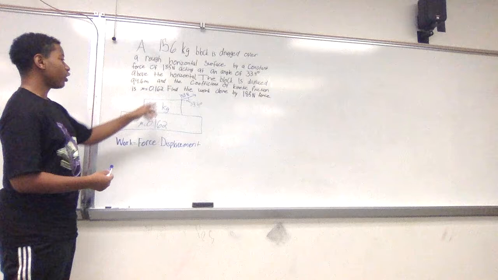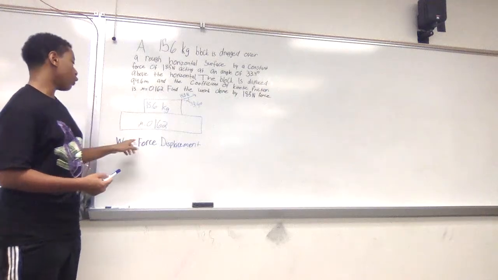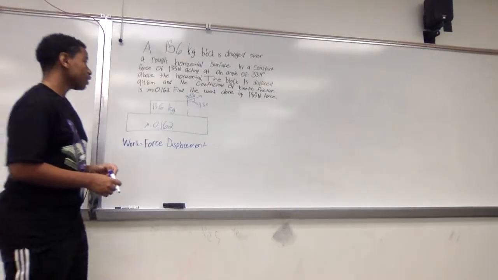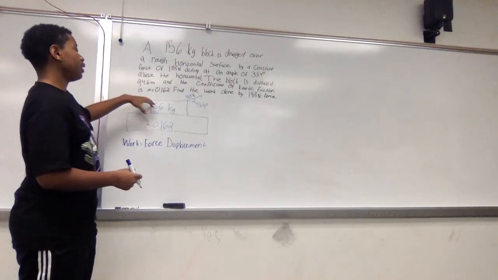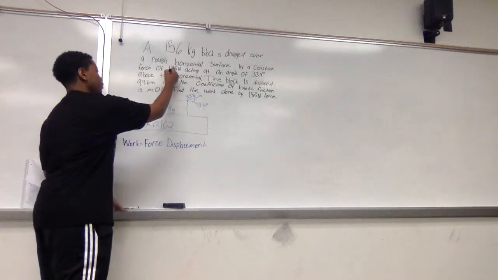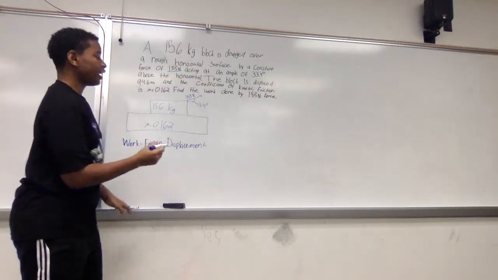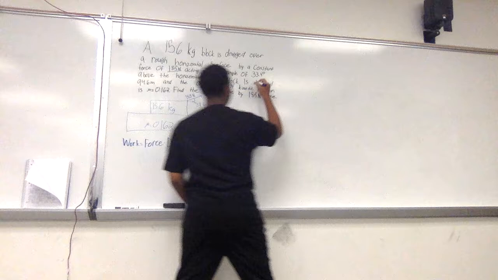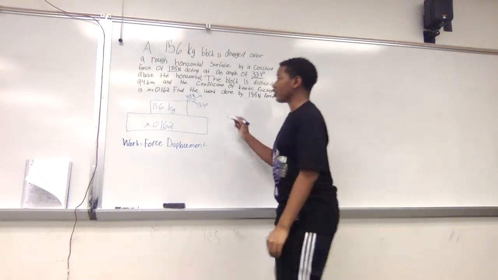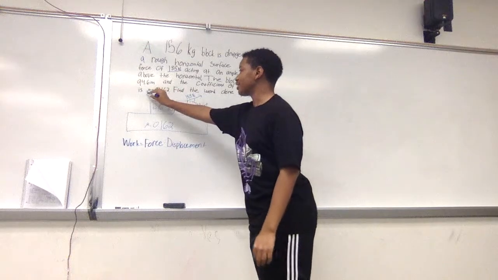And the formula for work is work equals force times displacement. In the question, they give us the force, the angle at which the force is being applied, and also the frictional constant.